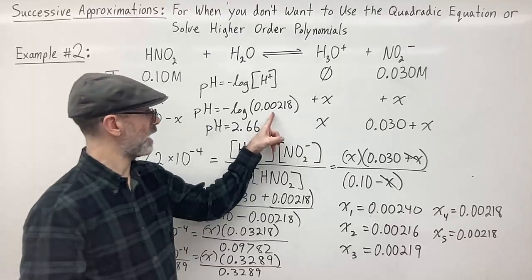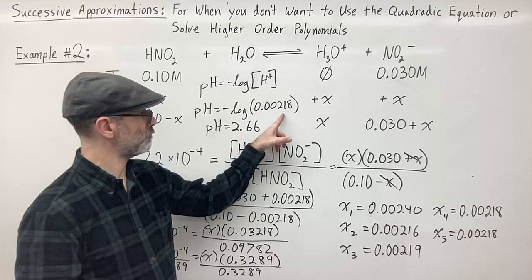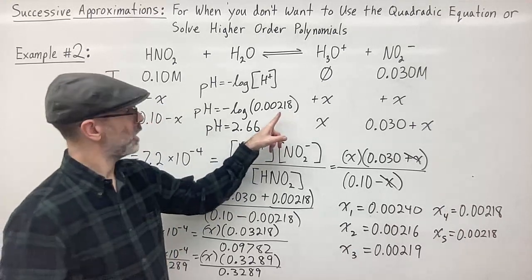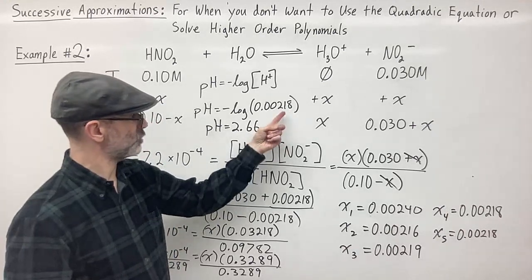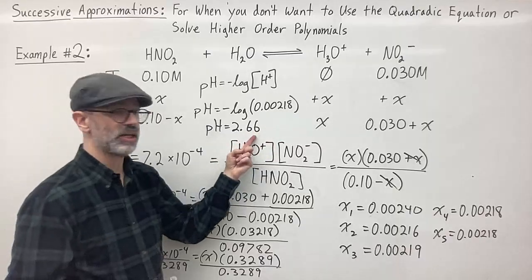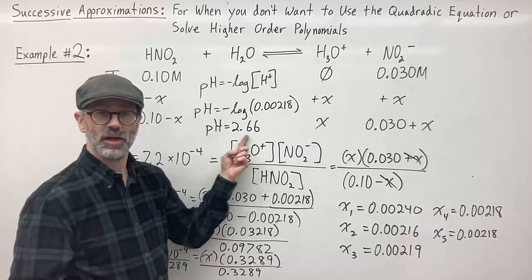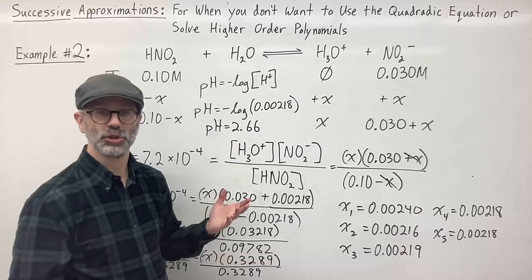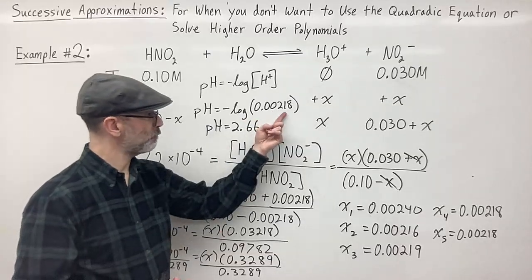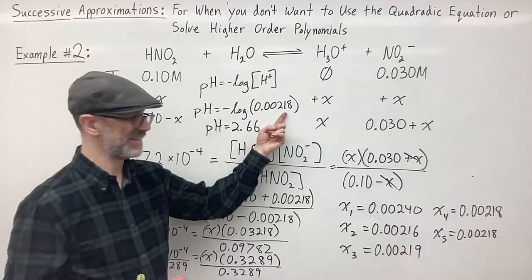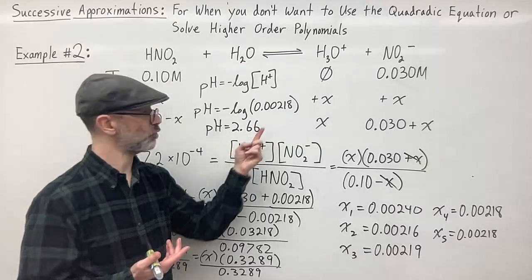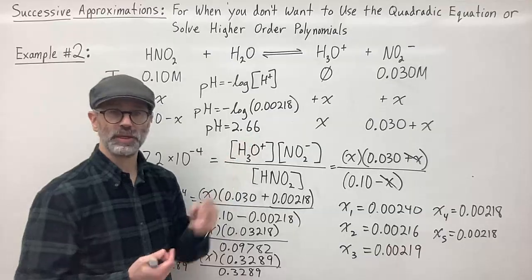Since we have two sig figs here, the 8 doesn't count, just the first two. So we end up with 2 decimal places in our pH. So sig figs in your measurement translates into decimal places here. 2 sig figs here, 2 decimal places there.